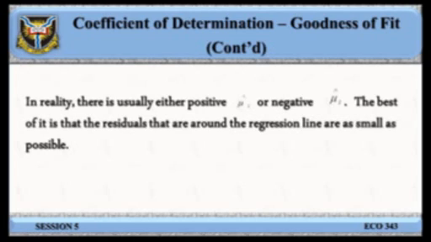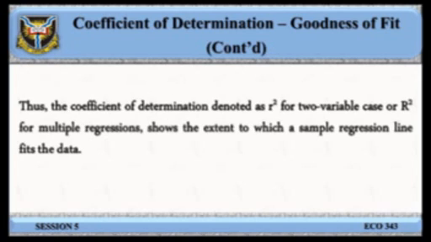The best case is that the residuals around the regression line are as small as possible. Thus, the coefficient of determination, denoted as r squared for the two-variable case or capital R squared for multiple regression, shows the extent to which a sample regression line fits the data.